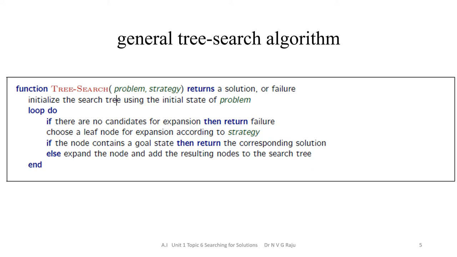The conditions are: if there are no candidates for expansion, then return failure. Choose a leaf node for expansion according to strategy. If the node contains a goal state, then return the corresponding solution. Else, expand the node and add the resulting nodes to the search tree until we get a solution.